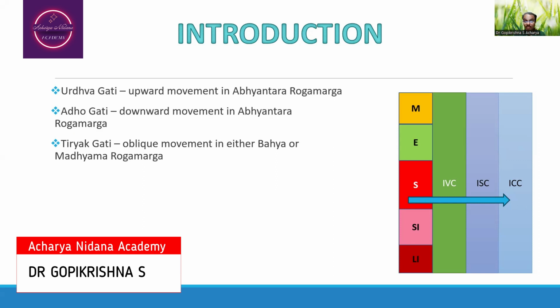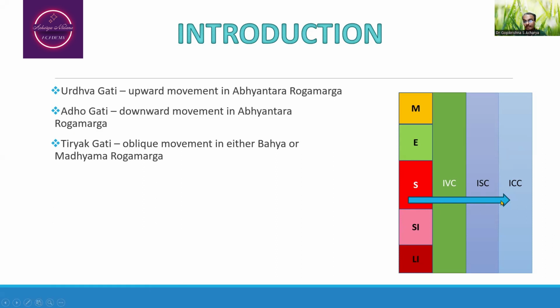And if the pathogens are entering from the alimentary canal to the periphery, in the sense it is going to enter the intravascular compartment, then the interstitial compartment and intracellular compartment, then we say that is the Tiryak Gati.